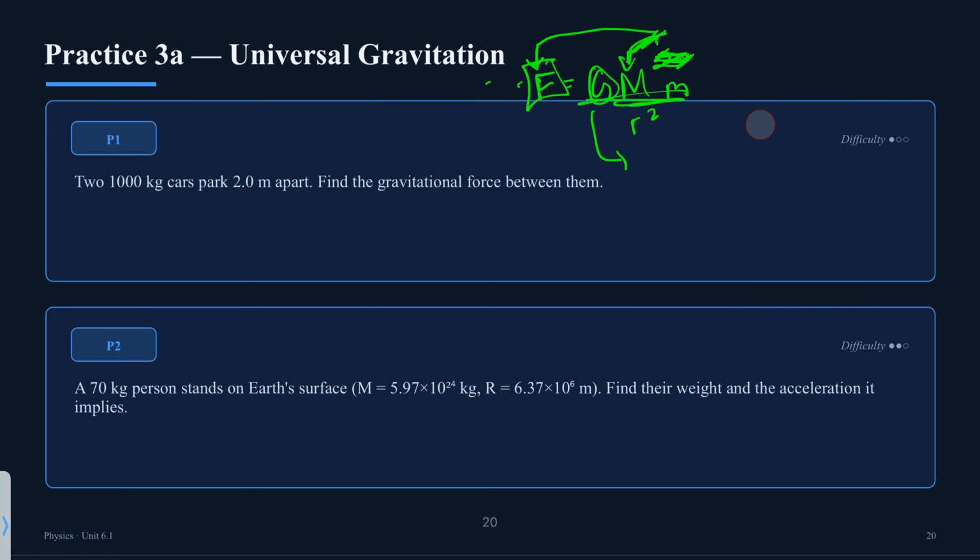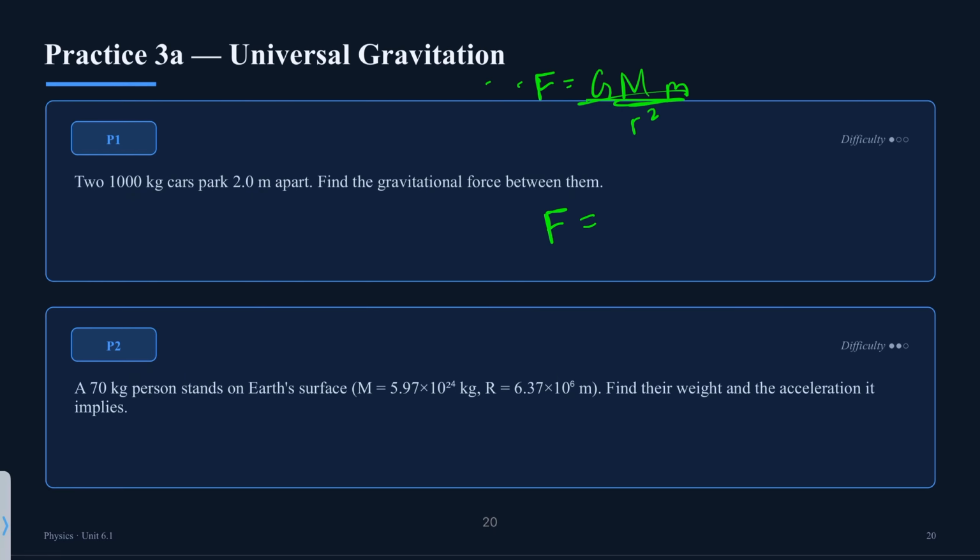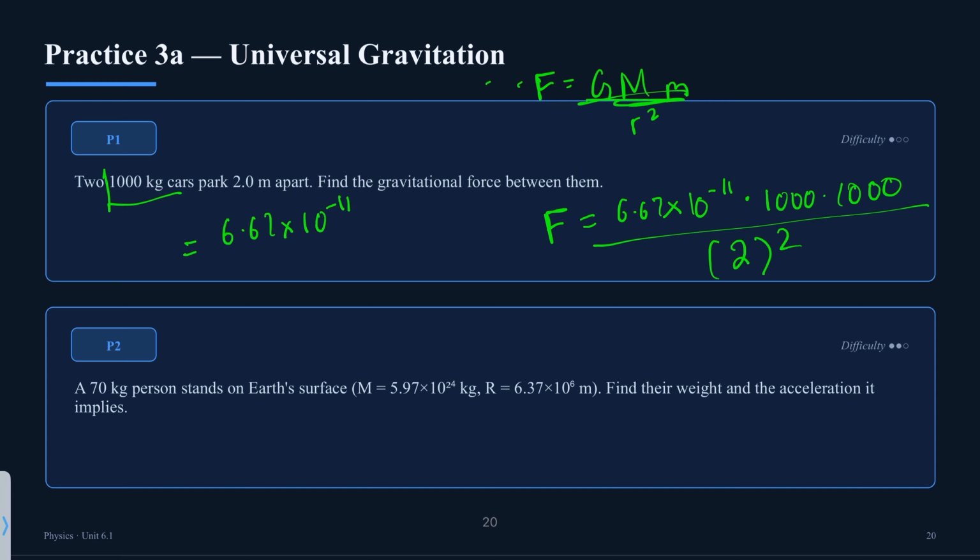So now let's try solving for this gravitational force. So force is equal to big G, 6.67 times 10 to the negative 11, times big M, which is 1,000. And they're both 1,000, so I can just put 1,000 again. All of that over 2 squared. So this is about 6.67 times 10 to the negative 11 times 10 to the 6, right? 6 zeros, over 4, or 6.67 times 10 to the negative 5 over 4.